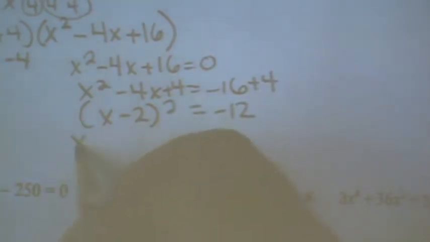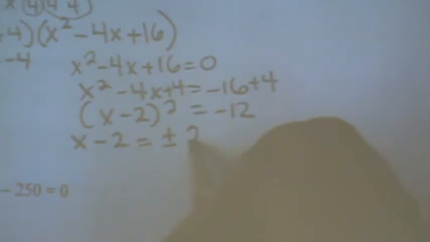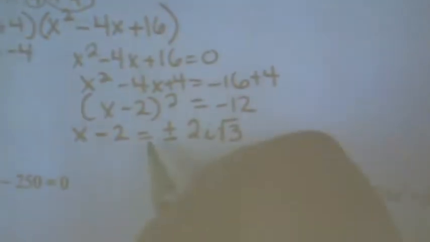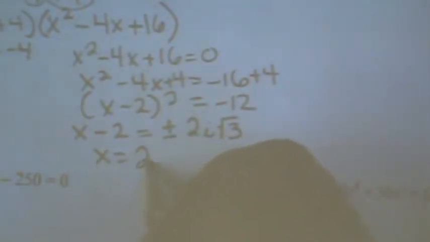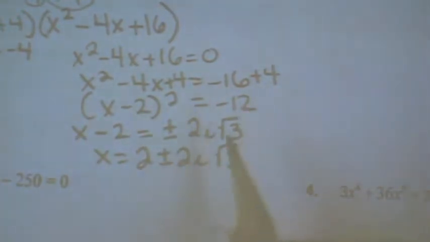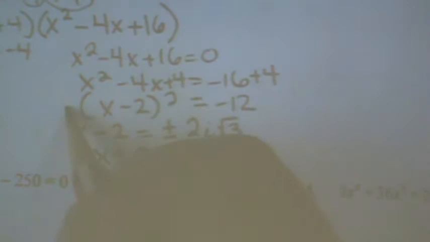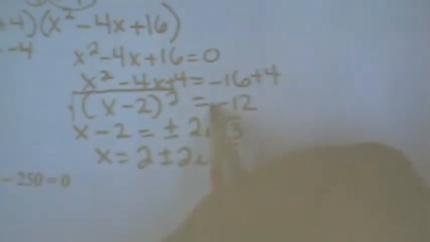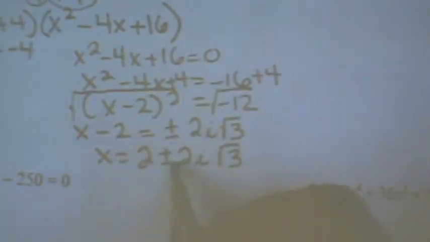Take the square root of both sides. Plus or minus, this is going to be 2i root 3, and add 2. So you're taking the square root of both sides here, and I just simplified it and added 2.